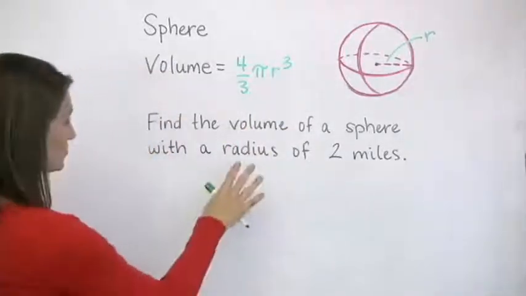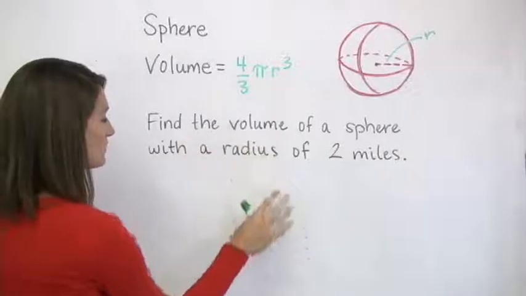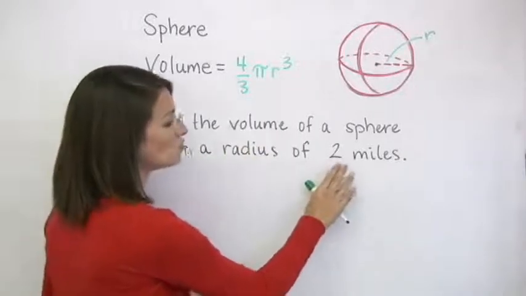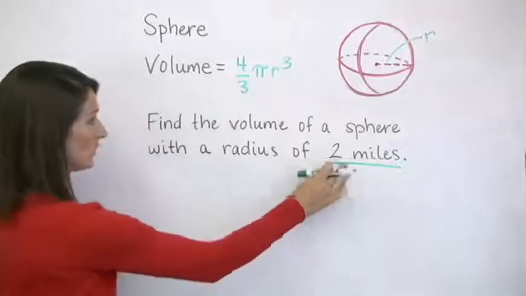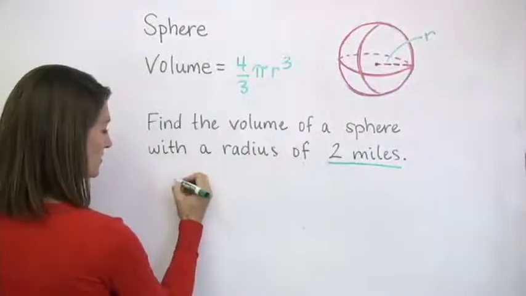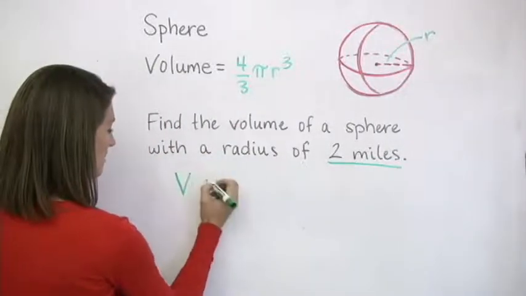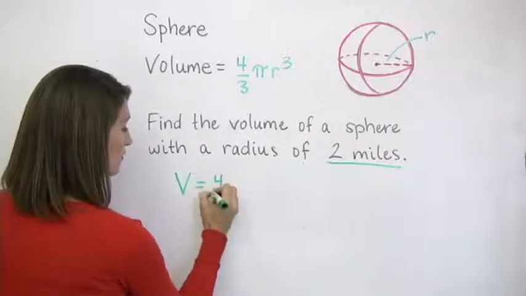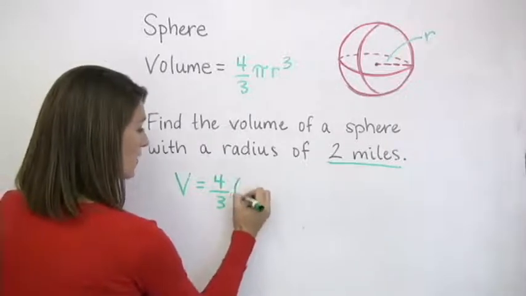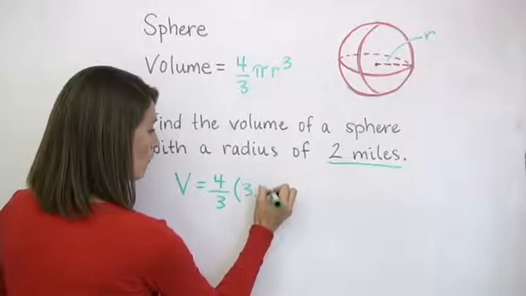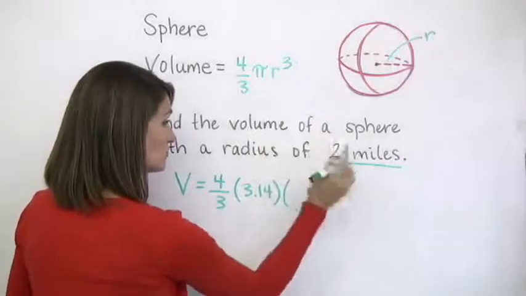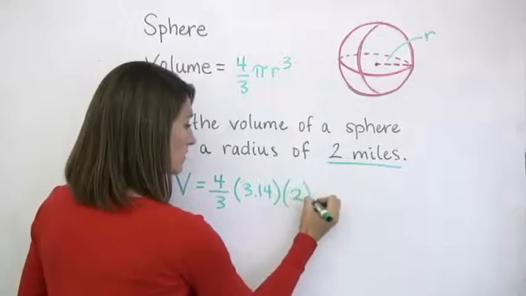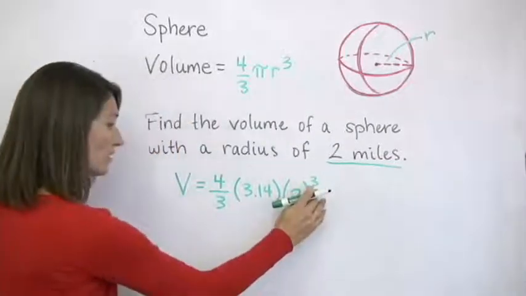So let's move forward to our example. Let's find the volume of a sphere with a radius of 2 miles. So our r is going to equal 2. Let's plug that value into our formula and see what we get. Volume is equal to 4/3 times pi, again we're using 3.14, times our radius cubed, so we have 2 raised to the 3rd power.